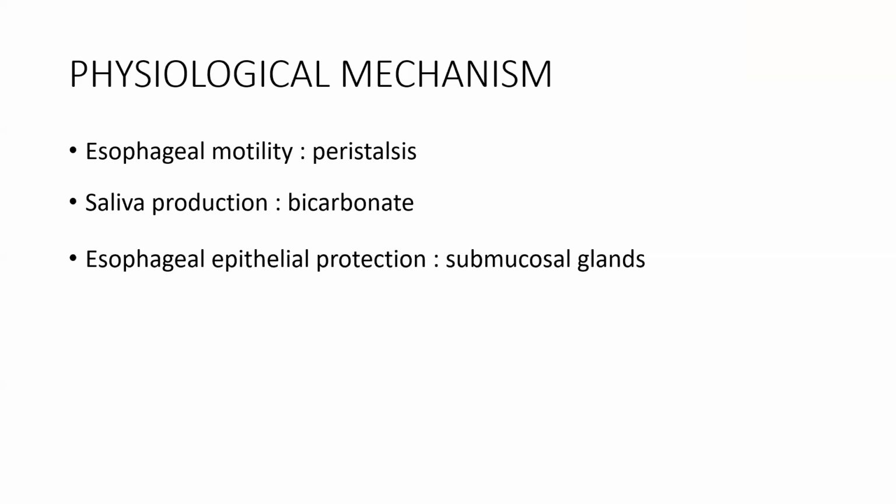Due to peristalsis and the submucosal glands, which secrete bicarbonate and mucin. It is constantly, as you said, the peristalsis with the aid of the saliva and the bicarbonate in the saliva and the mucus, it constantly washes the acid that has refluxed back into the stomach.